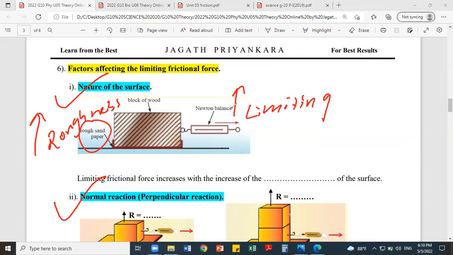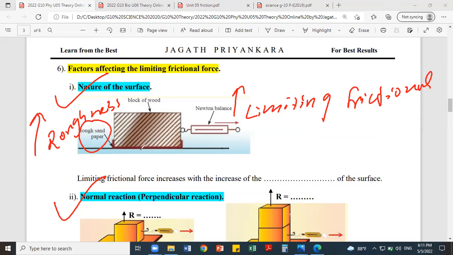What is the conclusion of this? I'm just summarizing what we have done last week. This is very important. Limiting frictional force increases with the roughness of the surface. So how can you increase the roughness? With the same block of wood, you can get sandpapers with different roughness from hardware shops.